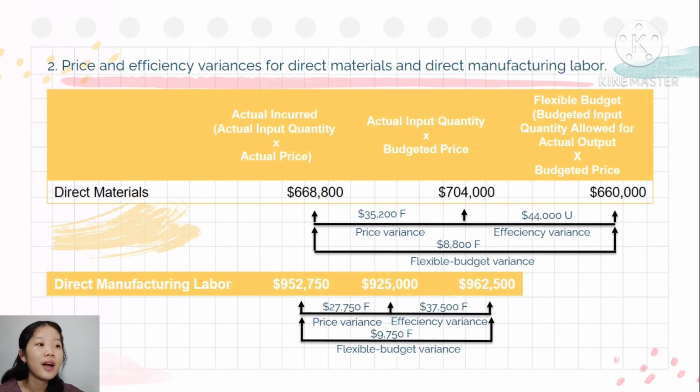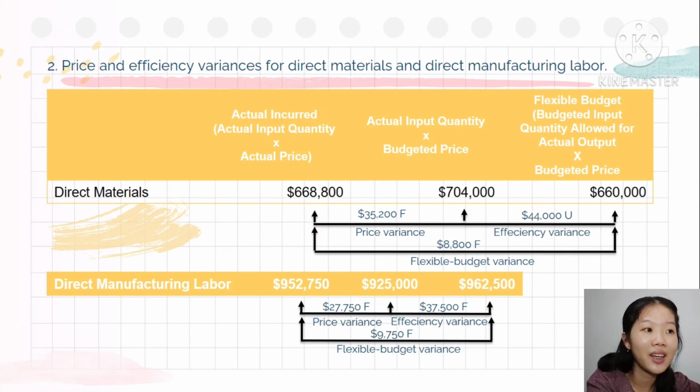why the price of the actual amount is higher than the budgeted amount, which has been planned before. There are some factors that influence these points.